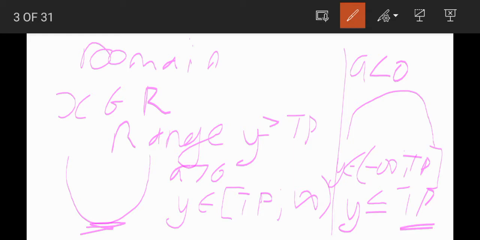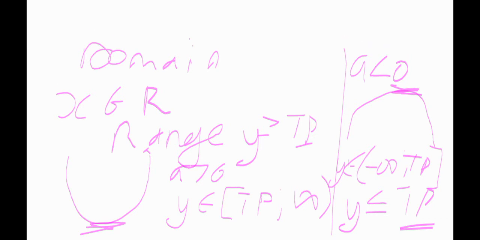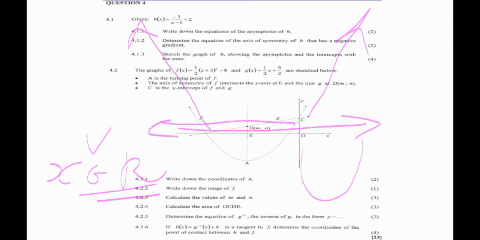Always note it's the y coordinate of the turning point. You just have to look at the shape. When the shape is concave up, y is an element of the y coordinate of the turning point all the way to positive infinity. When it's concave down, y is an element of negative infinity all the way to the y coordinate of the turning point. So I hope you get that one.